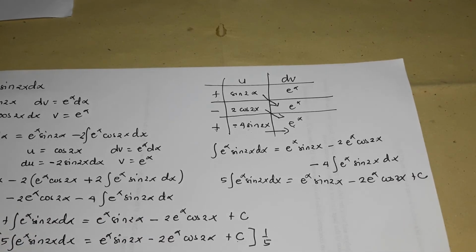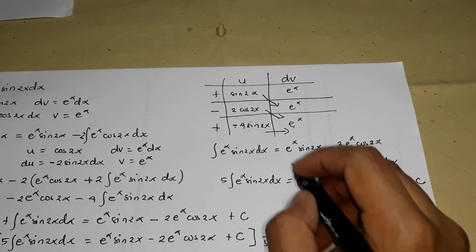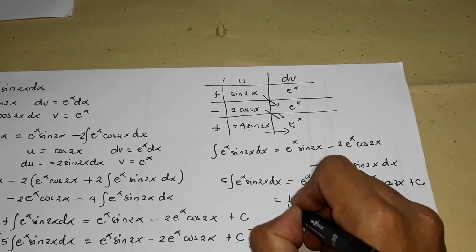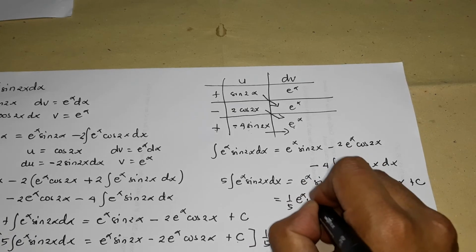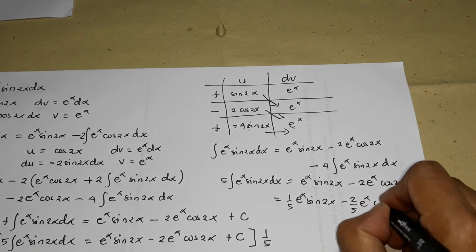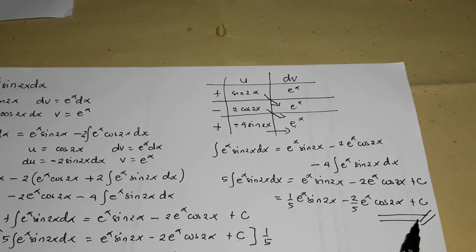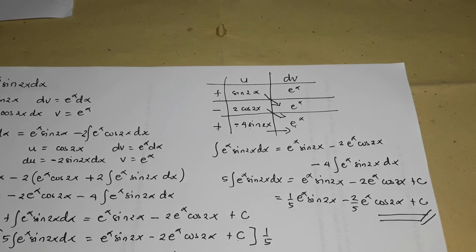Again, you need to remove this 5 by dividing each term by 5. So you have 1 over 5 e to the x sine 2x minus 2 over 5 e to the x cosine 2x plus c, which gives the desired result as compared to the long method.